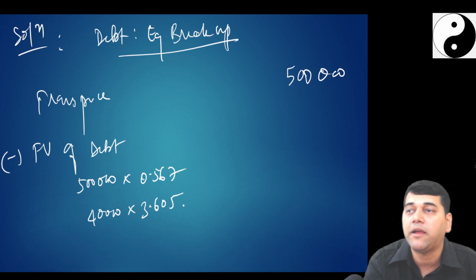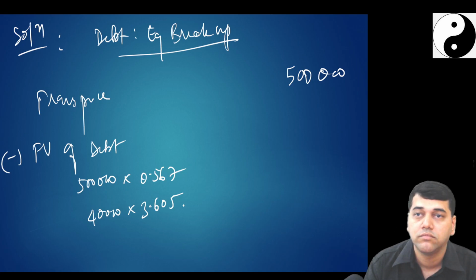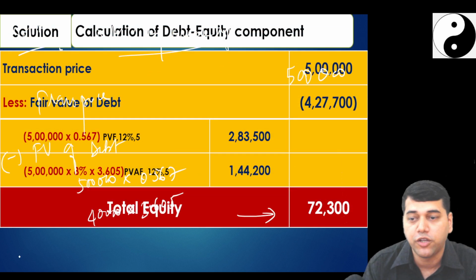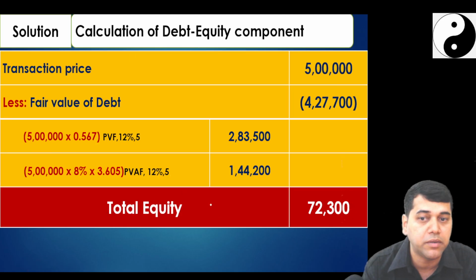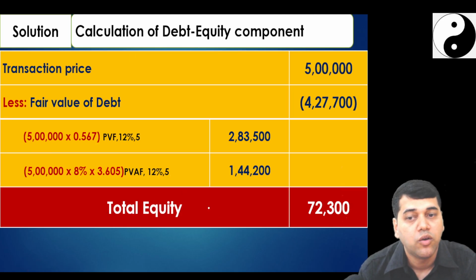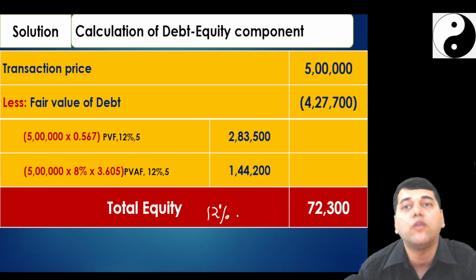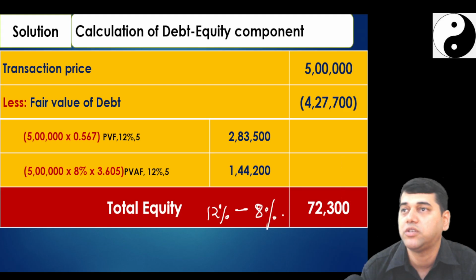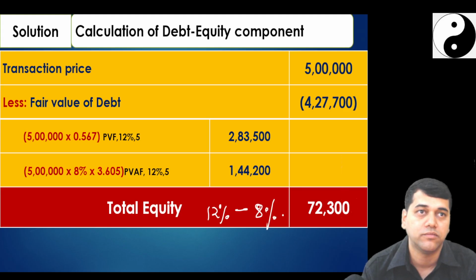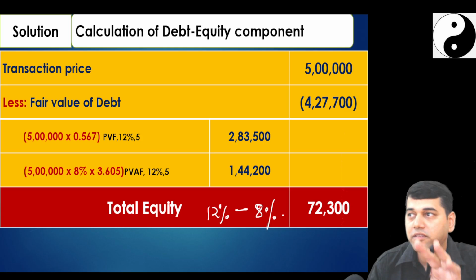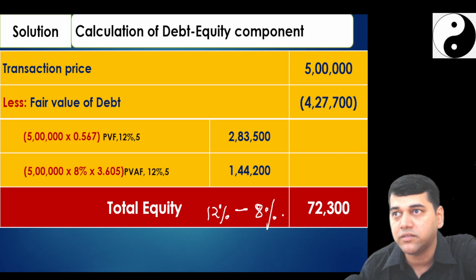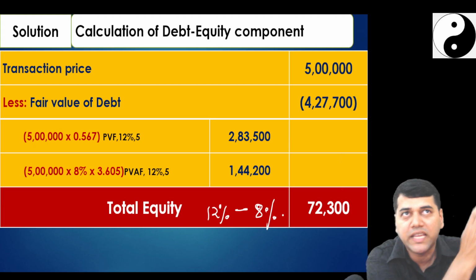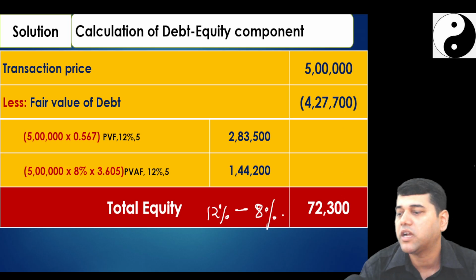If they don't opt, I may have to pay it. So I will get the equity portion of 72,300. This is nothing but the difference between what I would have got minus what I actually got. Provided this loan will stay for the next 5 years and I will convert from one head into another, till that time I will keep it as one line item called a compound instrument.